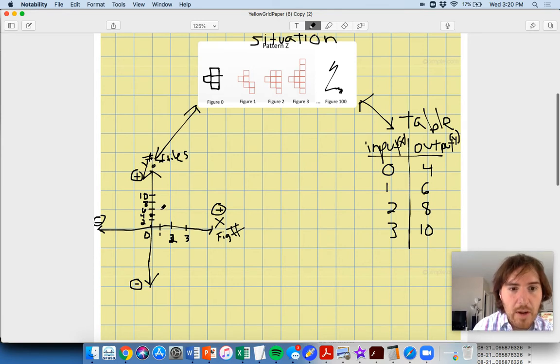So I'm going to put a point there at 6, okay? We have here 0, 4. We have here 1, 6. Next one is 2, 8. So notice here, the reason why I say start with table is because that makes it easier to come up with your graph, right? 2, 8. We're going to get another point right here, okay? And then we have a number 3, 10. Okay, 3, 10 comes right here.